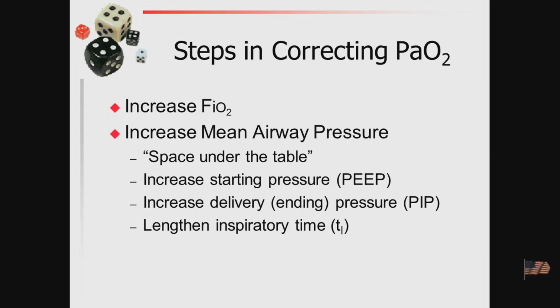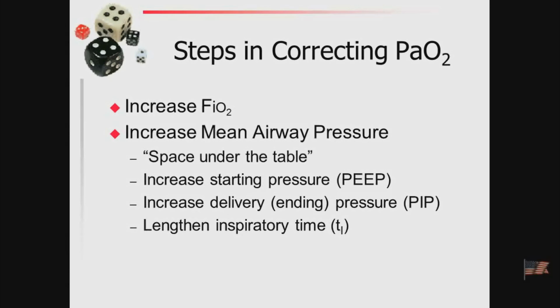Again, not something we're going to calculate, but the ventilators will tell you what the mean airway pressure is. It's the average pressure that is present on a breath-to-breath basis. I call it the space under the table. The more space you put under the table, the more oxygen delivery you can end up having.